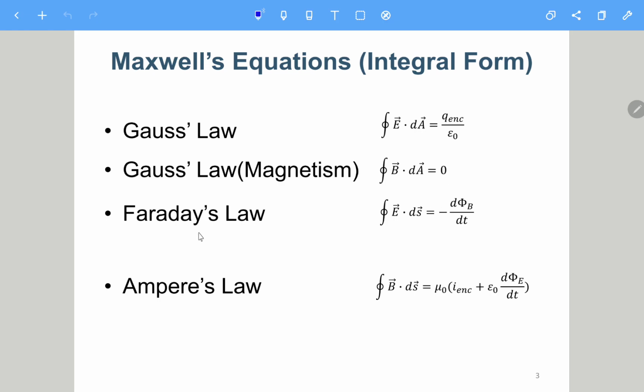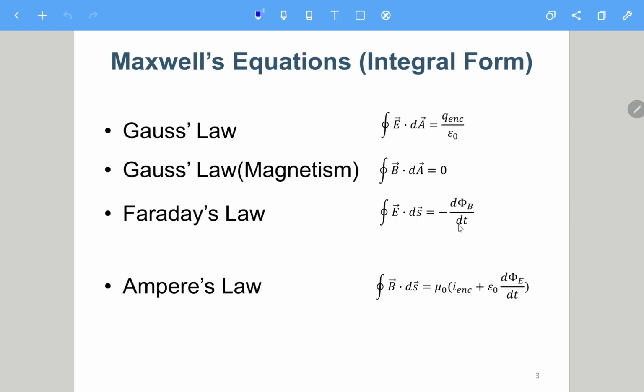Then the third and fourth look similar. Both of them are line integrals. The third is E dot ds, and the fourth one is B dot ds. Both of them are line integrals for a contour, or an Ampere loop.